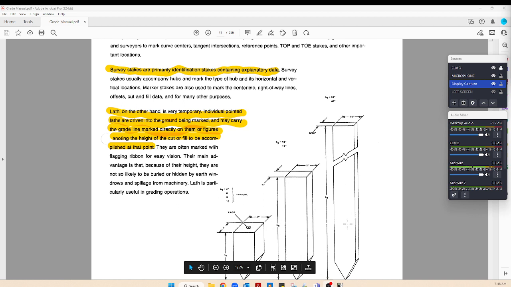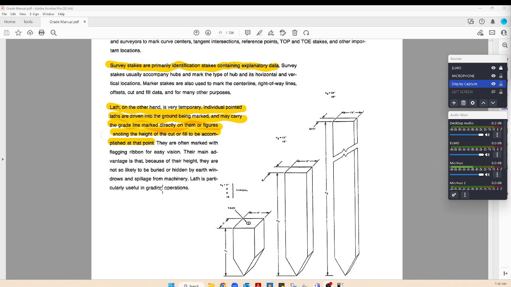So if it's got a lath beside it with a cut on it, you'll know somewhere down here, maybe driven into the ground and it got dirt pushed up over it, there's a hub. They often mark with flagging ribbon for easy vision. Their main advantage is their height. They're not so likely to be buried or hidden by earth, windrows coming off the blade, and spillage from machinery, like a loader or something.